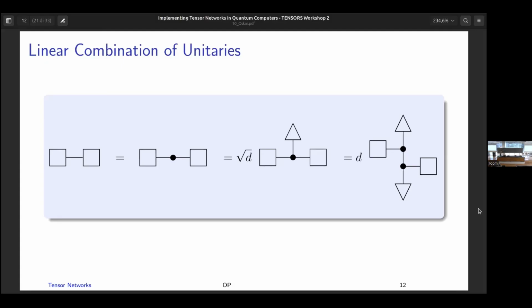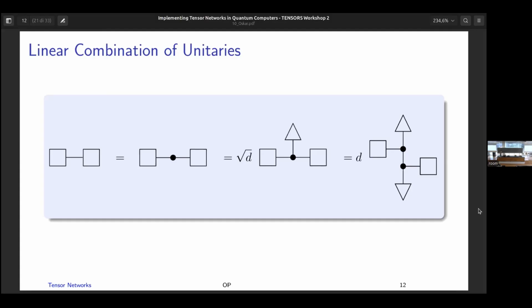The first step is that we introduce an order 2 delta tensor. Then we split up the delta 1 tensor and factor out the square root of d. And finally, we do it also for the lower part. And we see now we have this state preparation here, and a projective measurement in the end with two controlled operations.